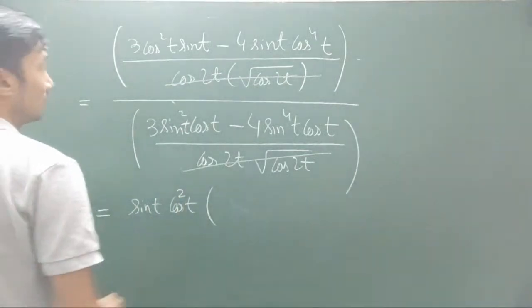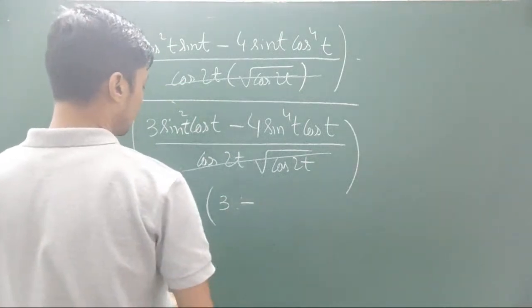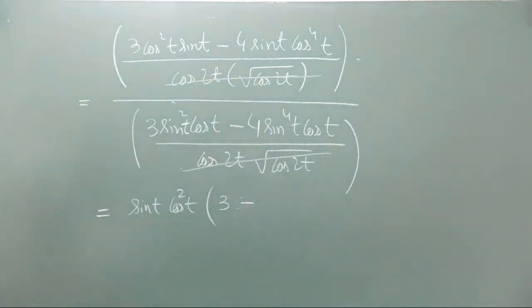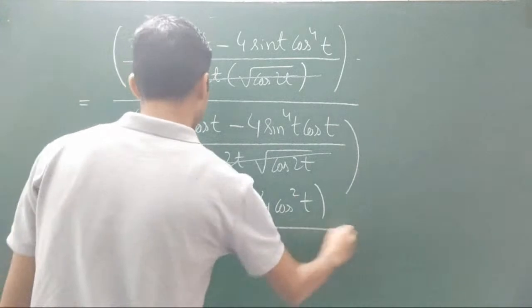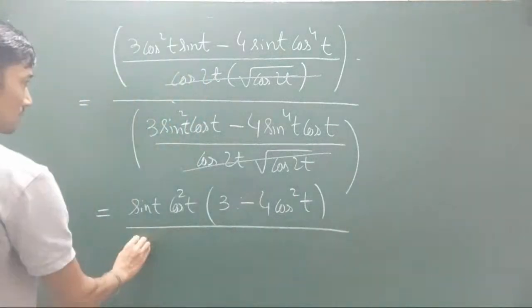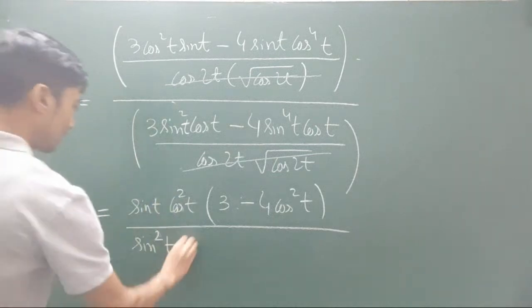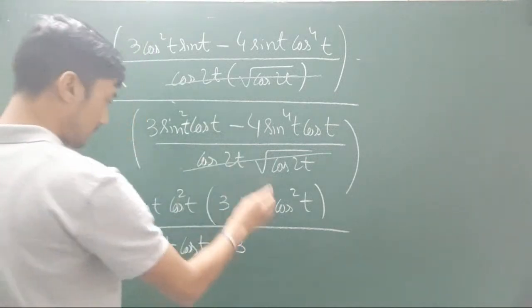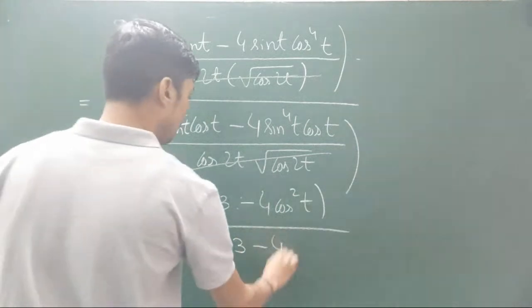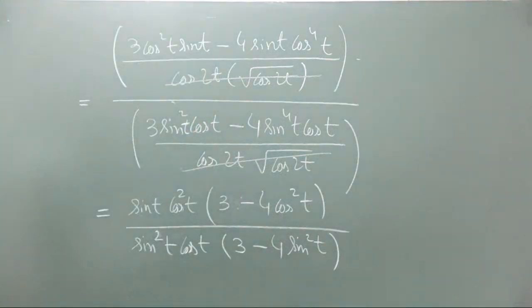So I'll have 3 minus 4 cos square t, and here I can take sine square t cos t. Then I'll be left with 3 minus 4 sine square t. I think that's all right.